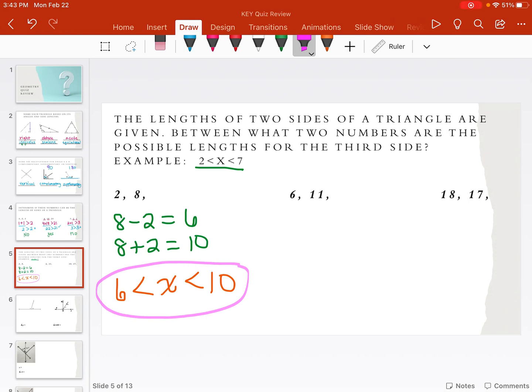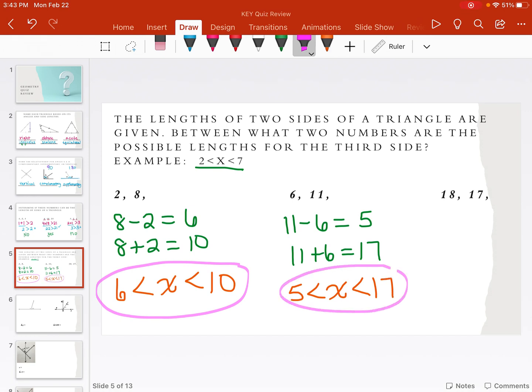Okay, let's look at the next one. So I'm going to subtract bigger, 11, minus smaller, 6, which gives me 5. Now I'm going to add them, 11 plus 6, which is 17. Right into my double inequality, so my smaller number, 5, is less than x, which is less than 17. Okay, one more.